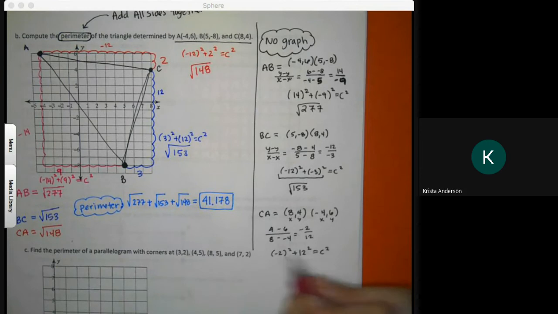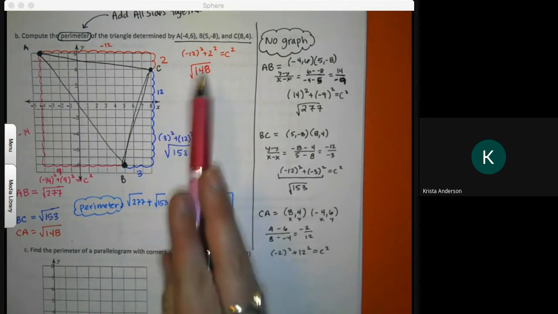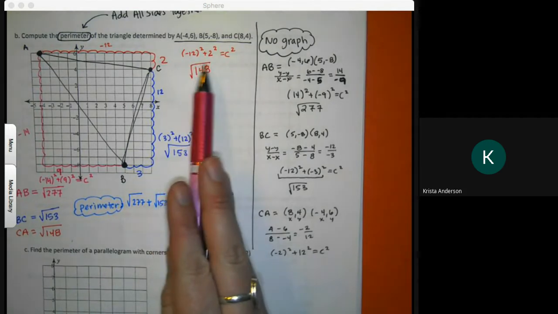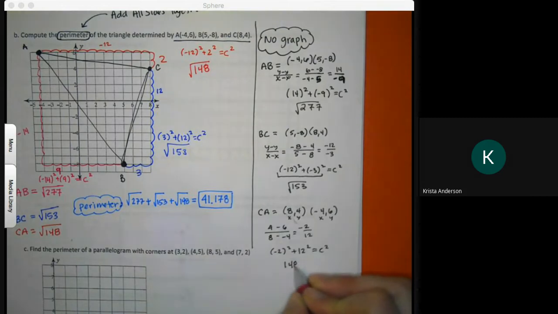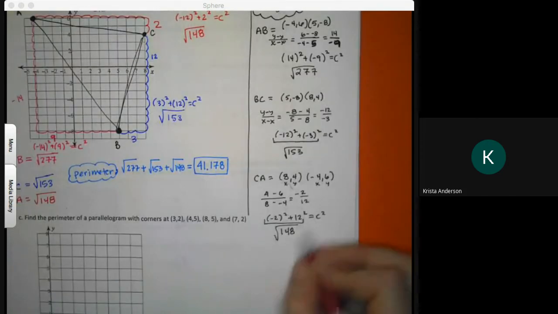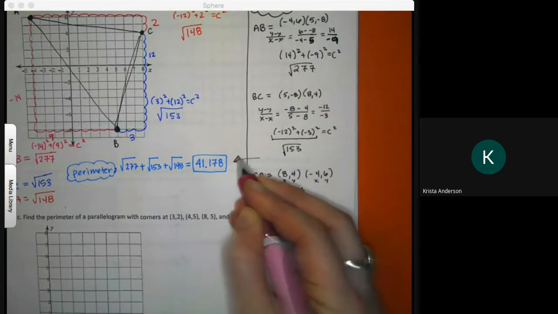We get the same exact numbers we got when counting on the graph up here. So we'd get this 148 when we calculate the square root, then add them all up, and you get the same answer.